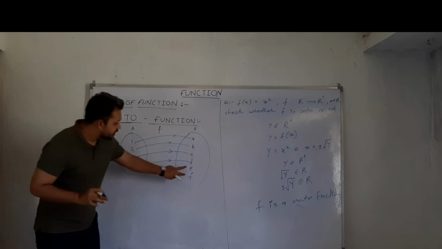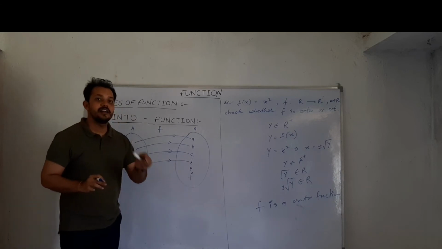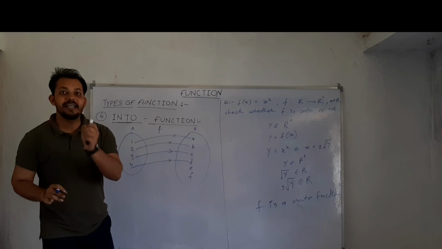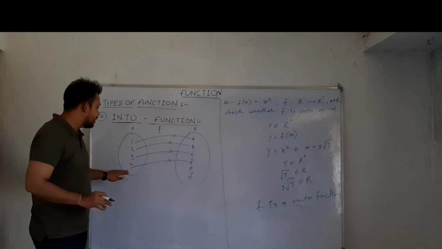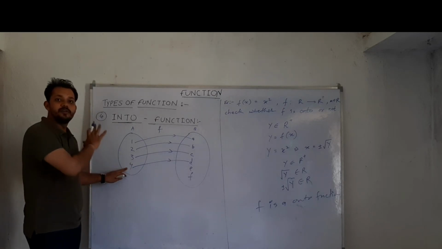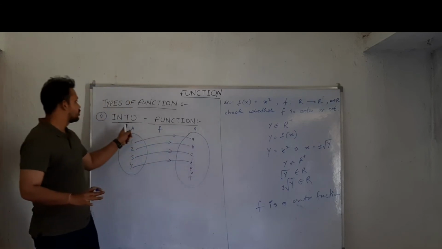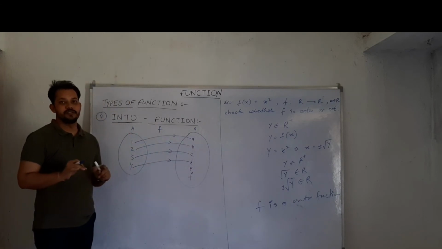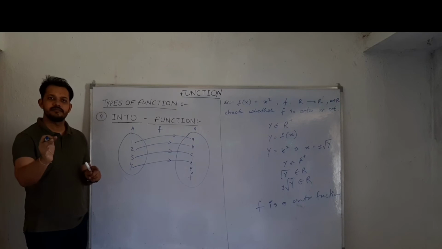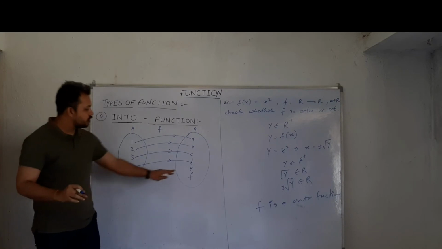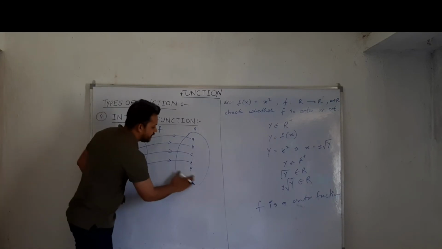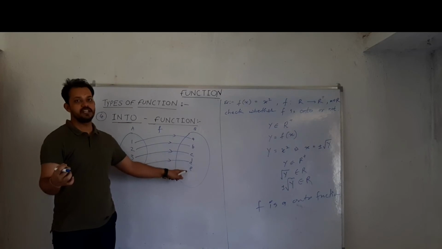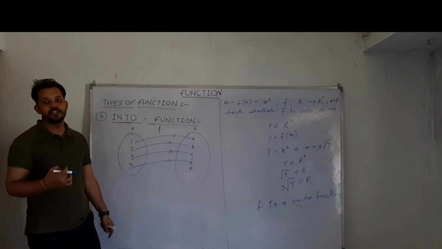That means these 2 elements are not the image of any value of the domain. This type of function is called an into function. If one element of the codomain is left, suppose only e is left, then this will also satisfy the criteria of an into function.